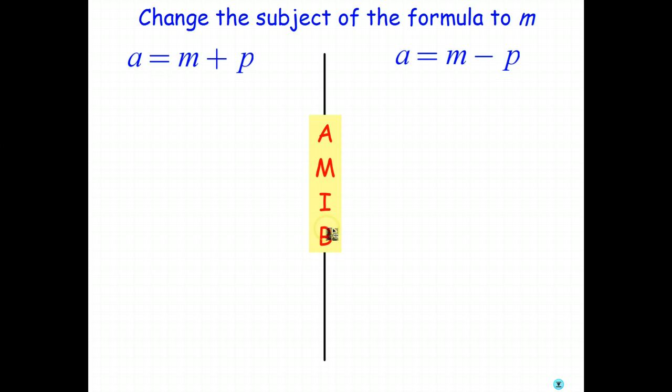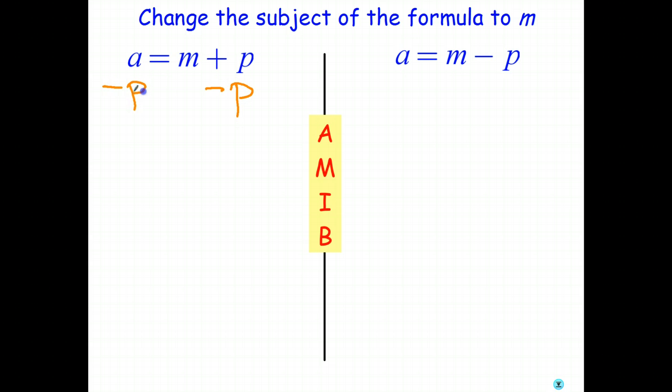Okay, so here's a couple of simple examples. A is the subject of the formula. I want to make m the subject, so I've got to get rid of this plus p. Now the opposite of adding p is subtracting p. So when you're solving equations, you do the same operation to both sides.